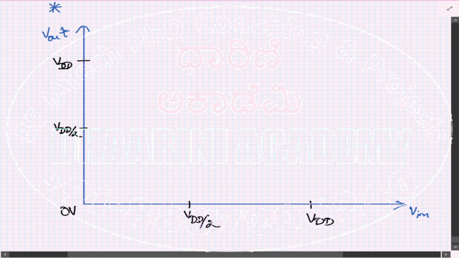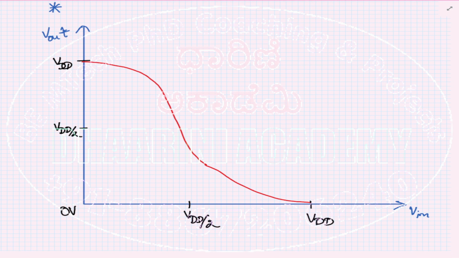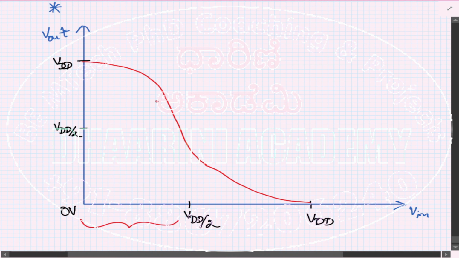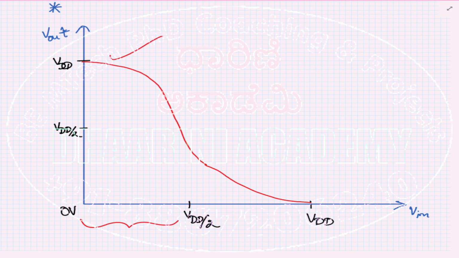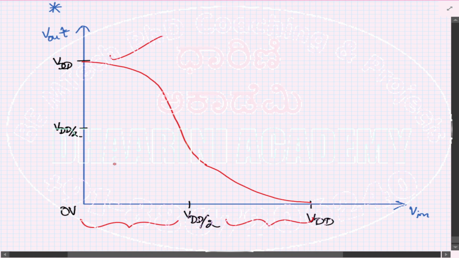The curve will start from a point close to VDD, it comes down, and this will reach 0 like this. This is the transfer characteristics. Since our circuit is a CMOS inverter, meaning a NOT gate, when the input is low, the output is high, and when the input is high, the output is low.